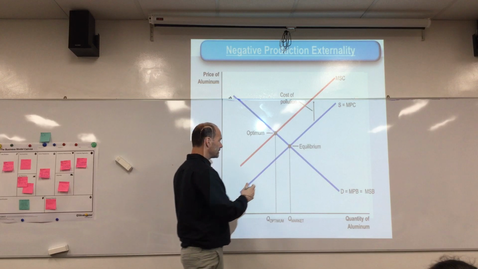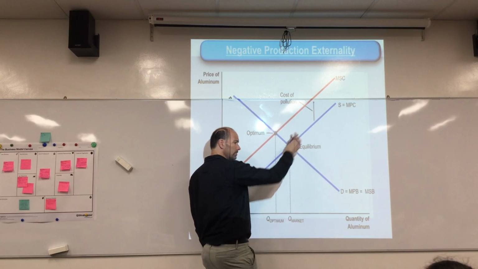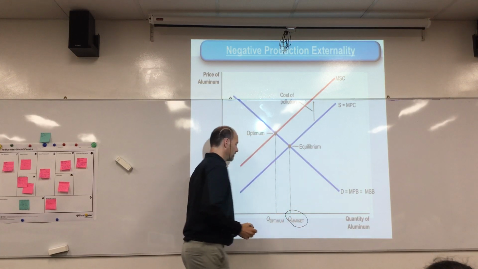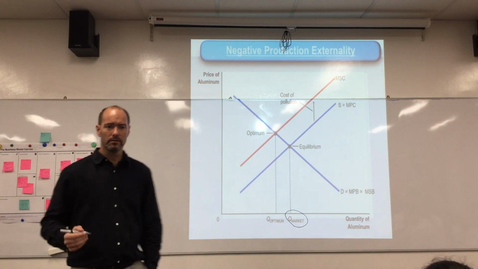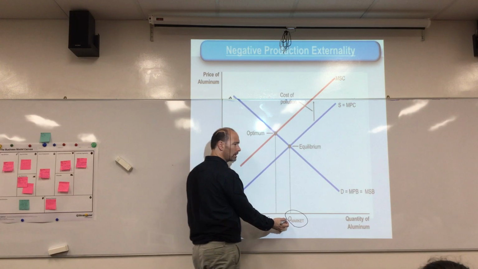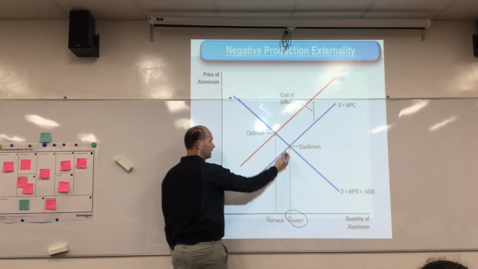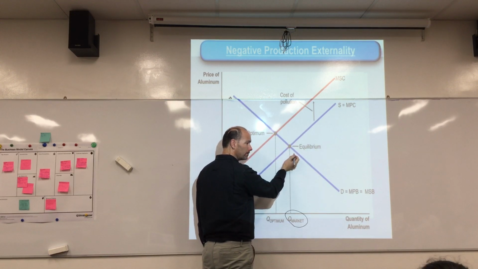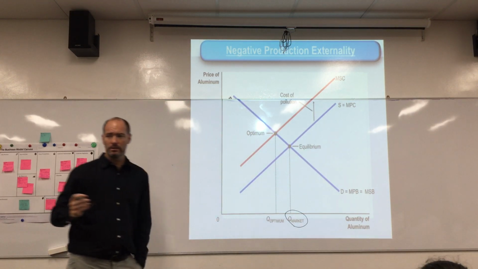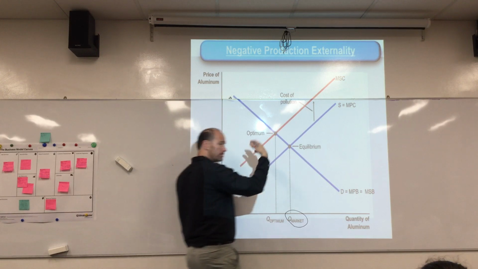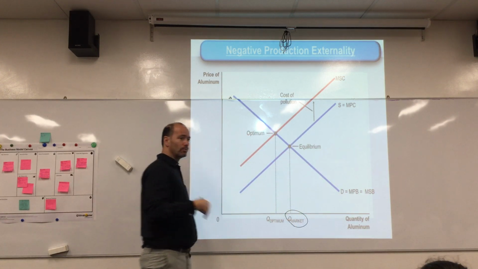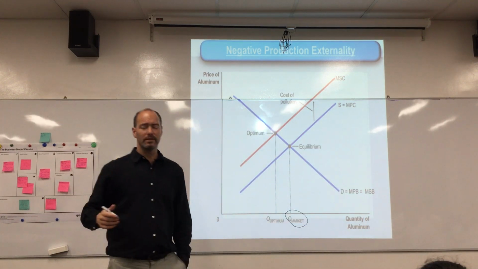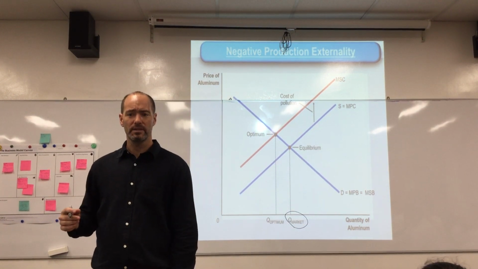So when aluminum is produced and sold, it will be sold at that quantity, the market quantity, at the intersection of private demand and private supply, or private benefits and private costs. Consumers make their decisions based on what they see as the value to them, and businesses make their decisions based on what they see as the costs to them.